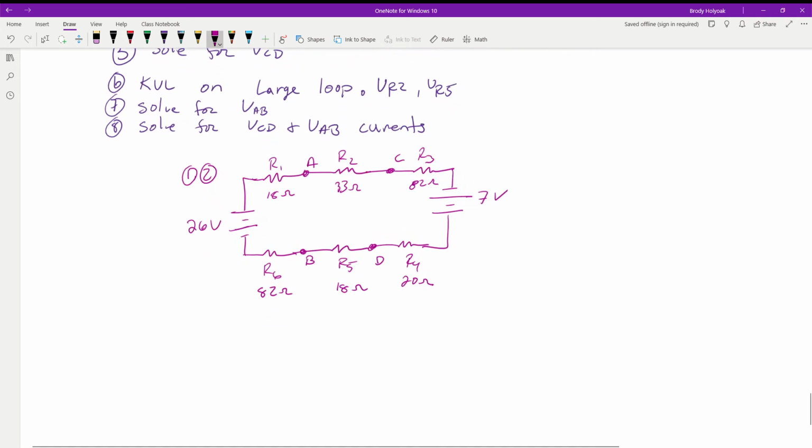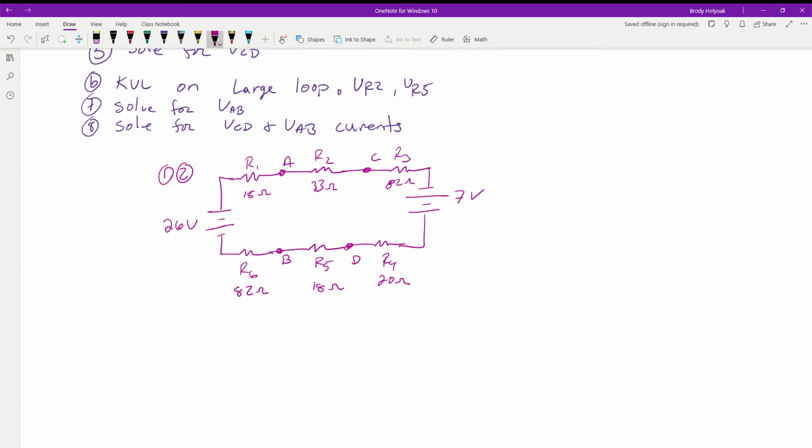So when we do this, what we need to do is solve for our VR3 and VR4, because we're going to go from this point around to here, and find the voltages that we encompass.